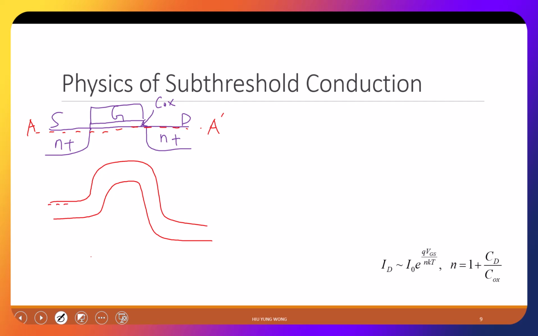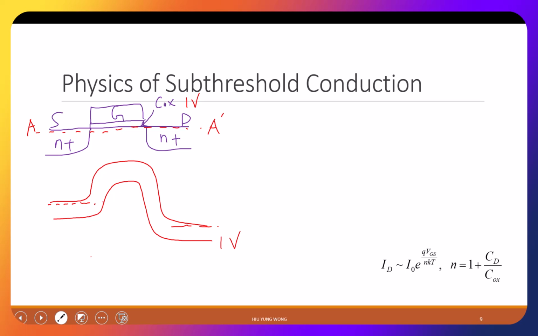Because the Fermi level here is on top, it is N-type. Here is also N-type. And maybe here is, say, 1 volt. Right? I assume this is 1 volt. Remember that I told you earlier, this band diagram is the energy of the electron. So if you have a higher energy, it means your electron energy is higher.